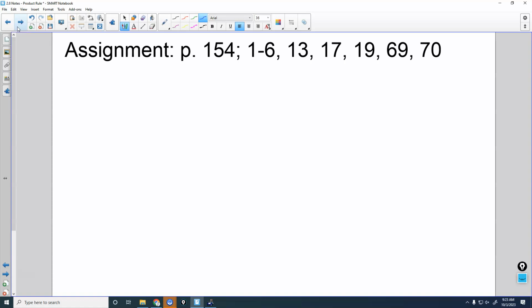17. I'm not going to do it. I'm going to add a couple on here. 87A. Only do A. We don't know how to do B yet. And 88A. And 87 and 88 are similar to that last question that we just did.